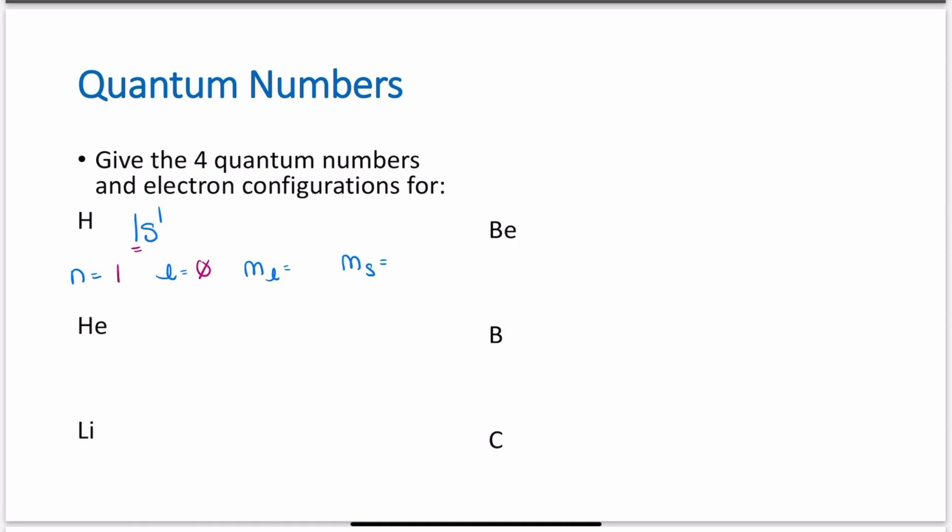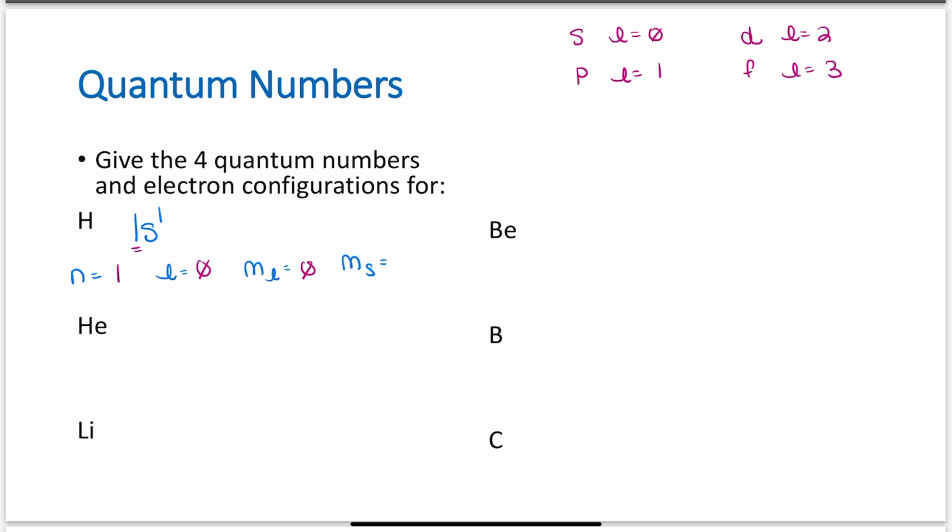We're in the s orbitals, and s always equals 0 for L. So s, L equals 0, p, L equals 1, d, L equals 2, and f, L equals 3. M sub L is equal to negative L through 0 to positive L. My L value is 0, so my M sub L value can only be 0.